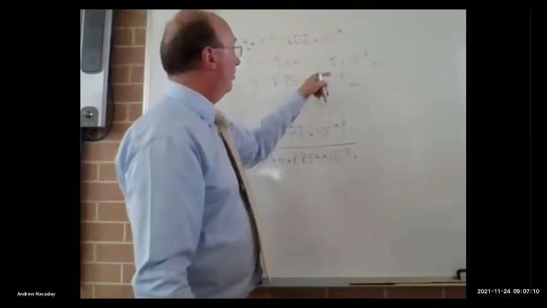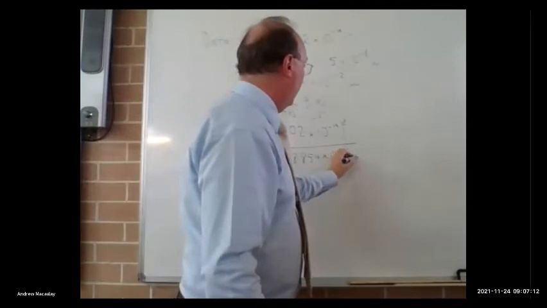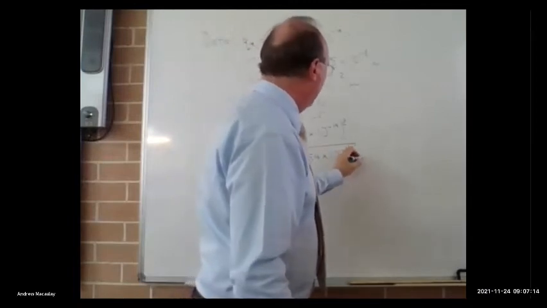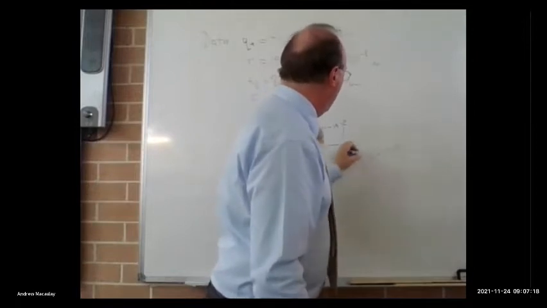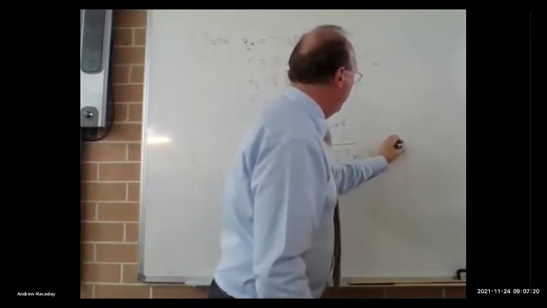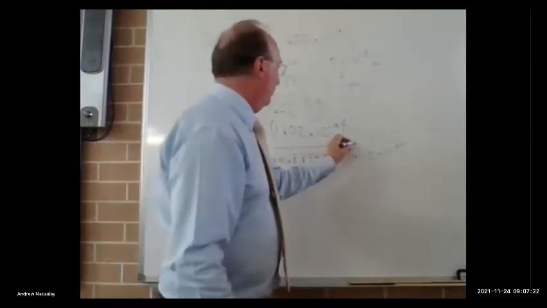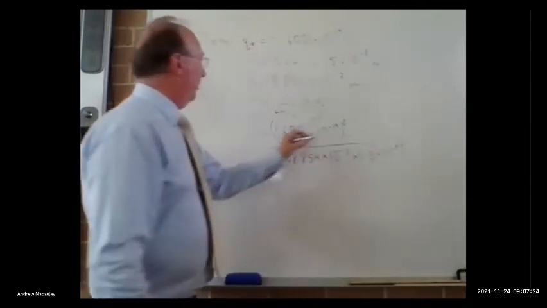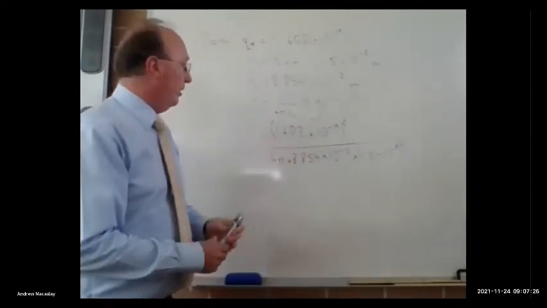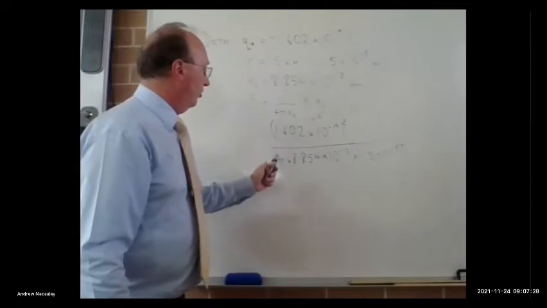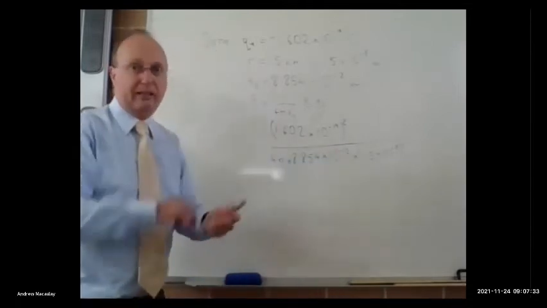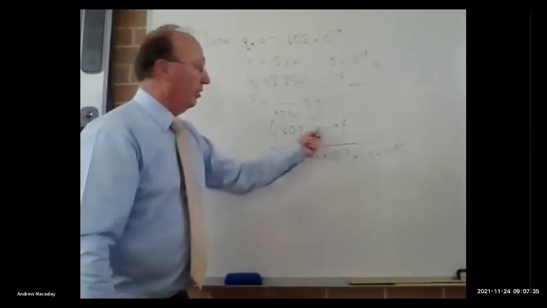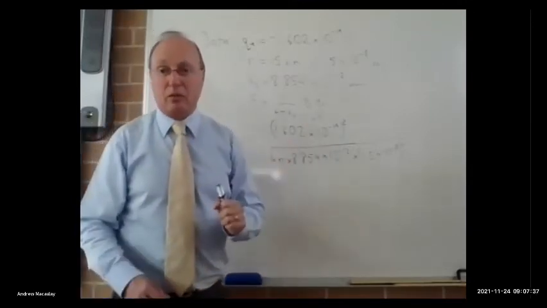Remember, r is 1.5 times 10 to the negative 9, and it's squared. Okay, so that means it's a nice simple calculation. We only have 1, 2, 3, 4, 5 numbers to put into your calculator. Remembering to use scientific notation, the nice, quick and easy way.